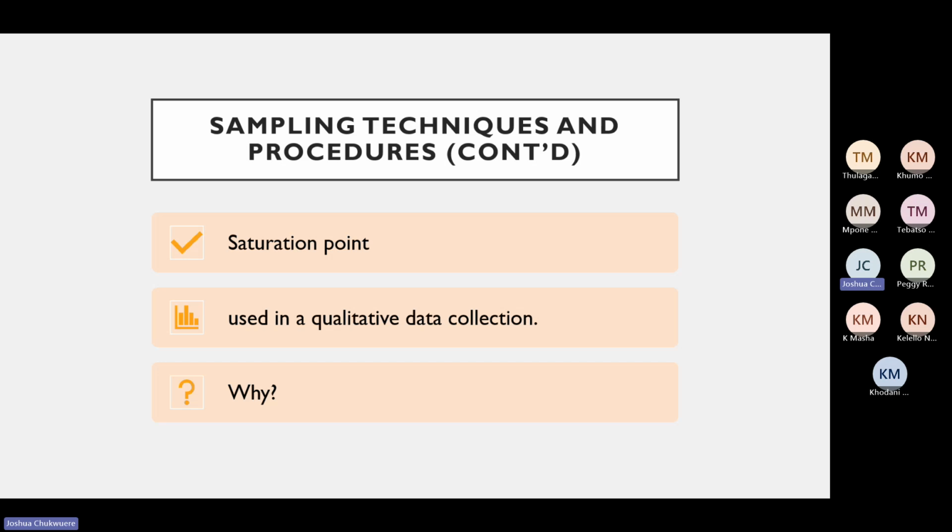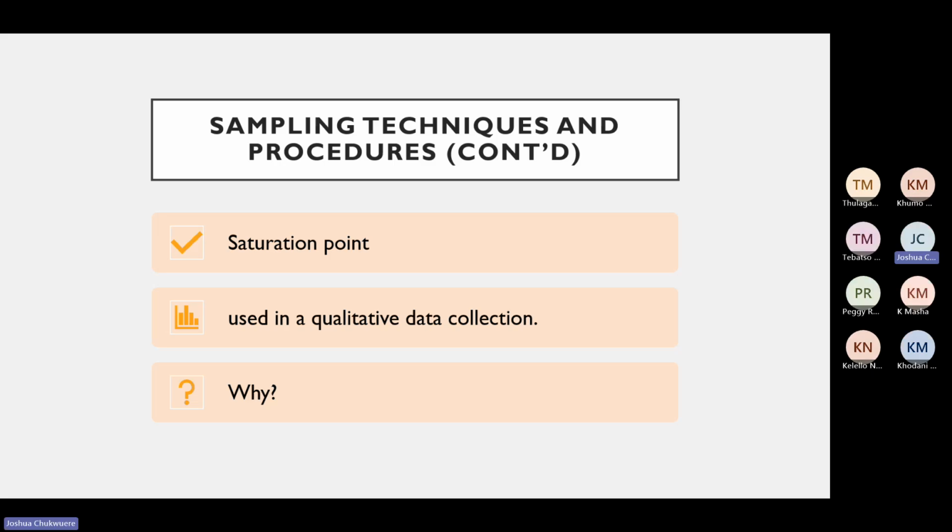Both are used in a mixed method. But now in your qualitative data, how can you determine your population size and your sample size? That is where your saturation comes in.